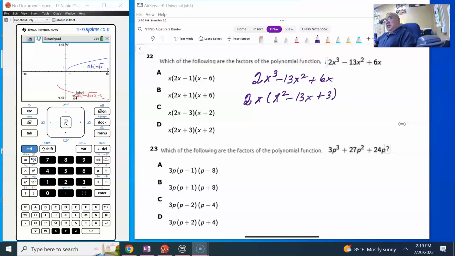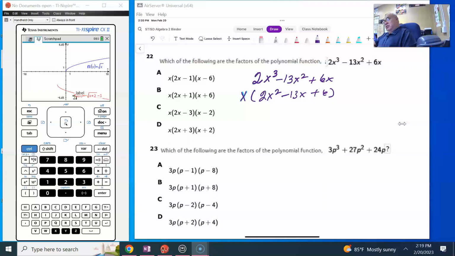Oh, in this case we can't. Wait, they have x as a common factor. I take that back. They have x as a common factor. So you're left with 2x squared minus 13x plus 6.